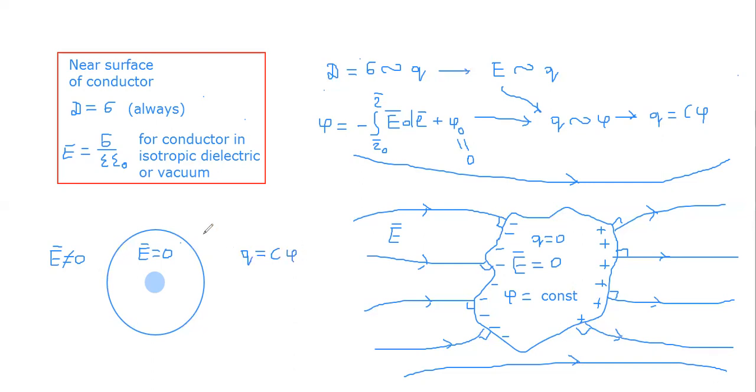C is a coefficient, and it is known as capacitance. C is capacitance.